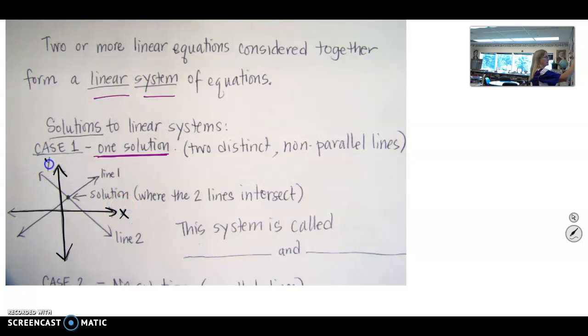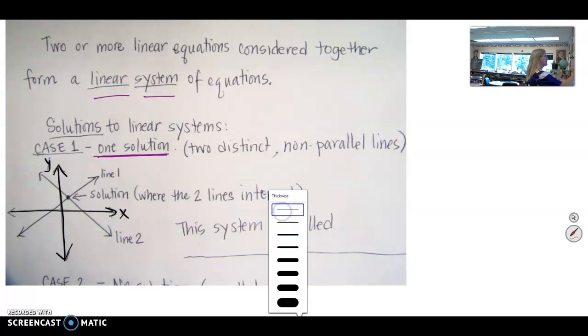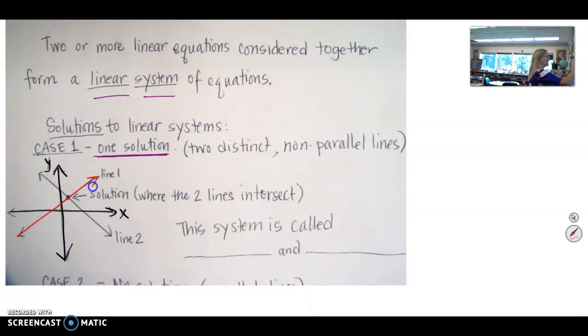So this is the grid, and then you may have one line that looks like this. You graph it, and on the same set of axes, you graph another line that looks like this. So you have line 1 and line 2 on the same coordinate grid. The intersection of those two lines would be the solution. That is one XY ordered pair that is common to both lines.